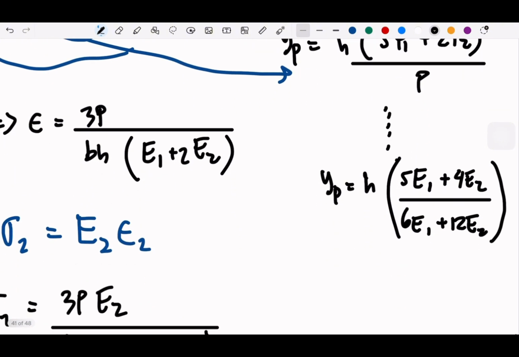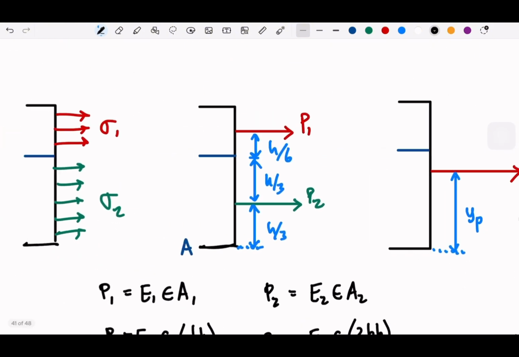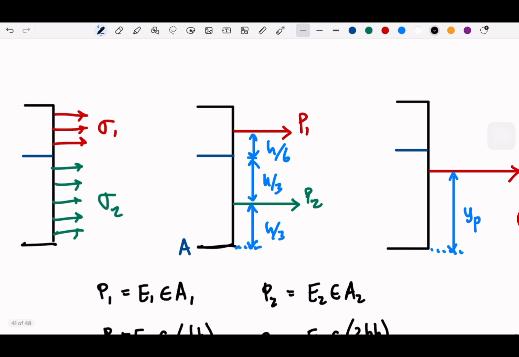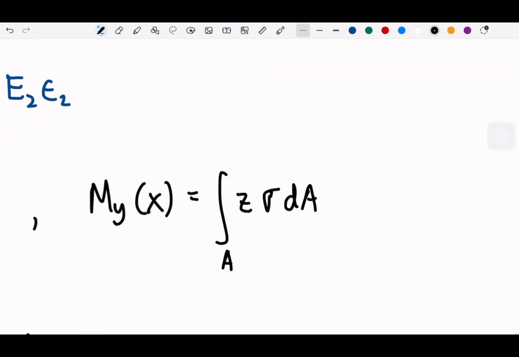and note that we only care about YP because the Z centroid is basically 0, so we can just use the 2 dimensions here, a 2 dimensional diagram. If there is something in the Z axis, then perhaps we need to also include the Z. For example, the moment where the Z is going to be impactful, like the My here.